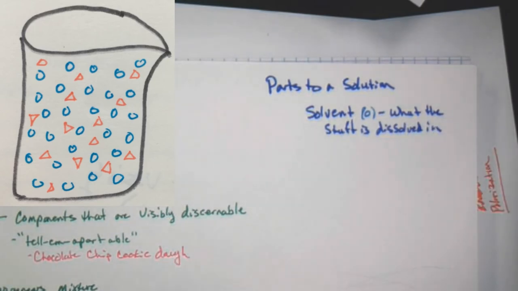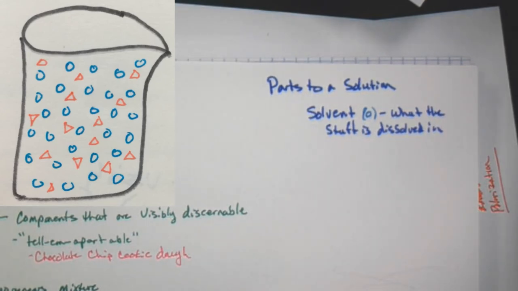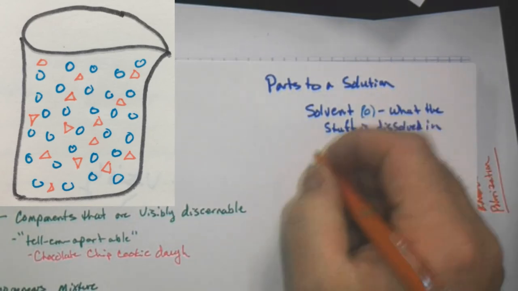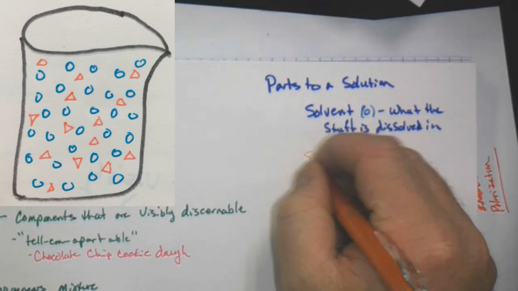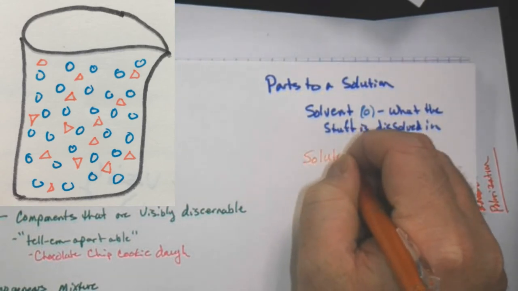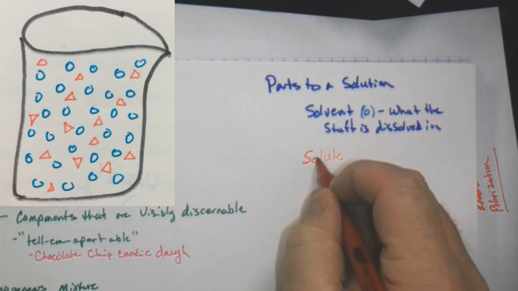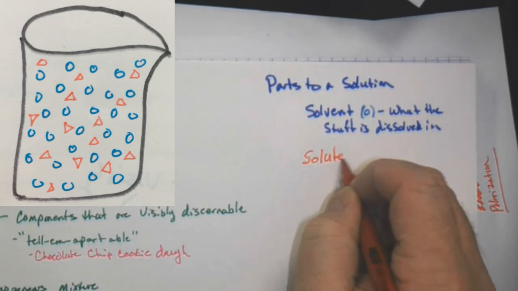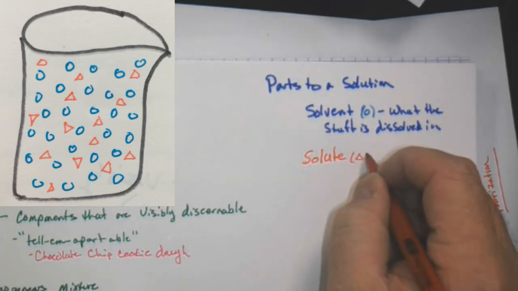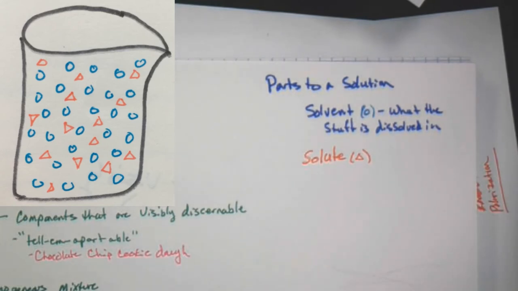Okay, it is really the best definition that I can come up with. It's what the stuff is dissolved in. Okay, the other one is the solute, which is a triangle in our drawing over here.